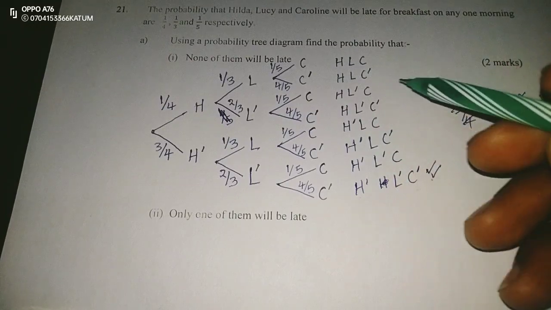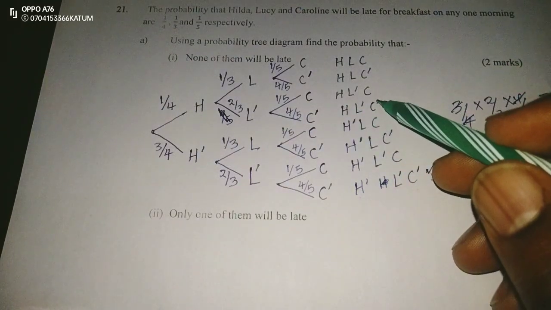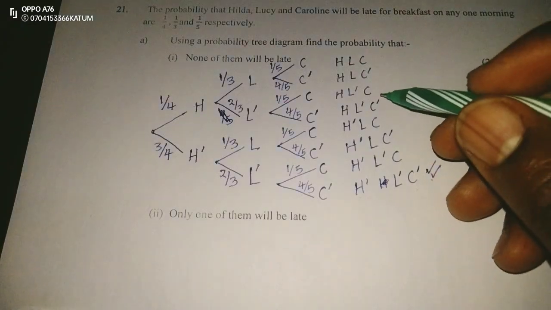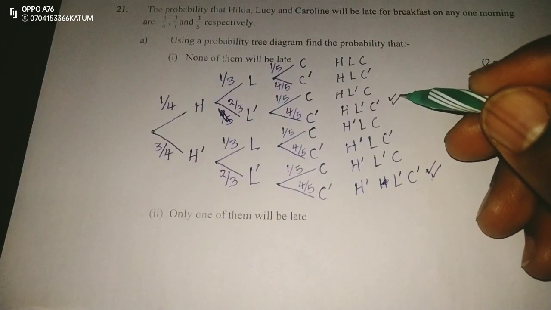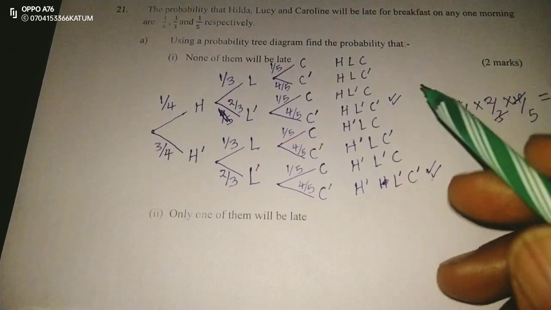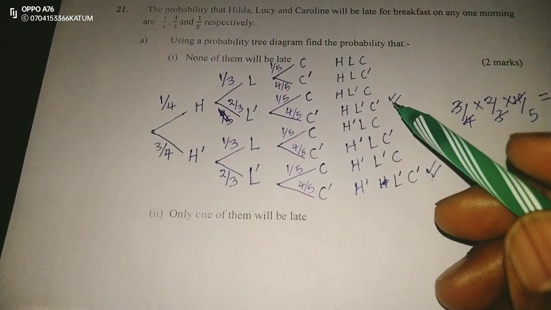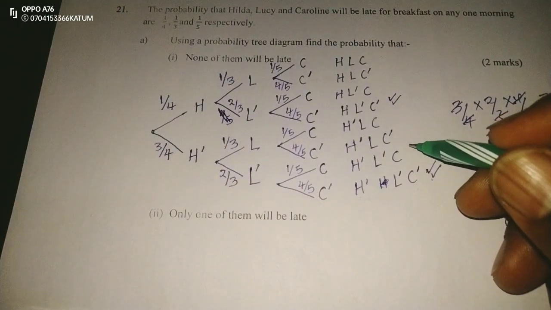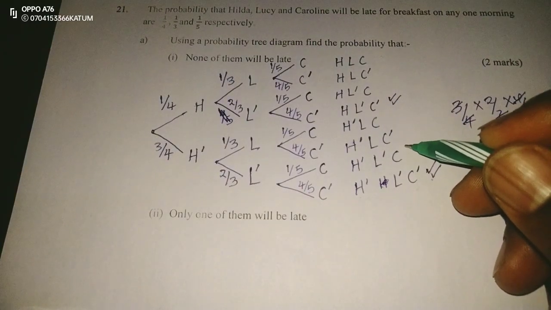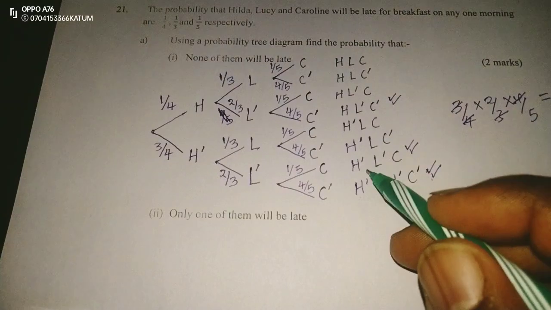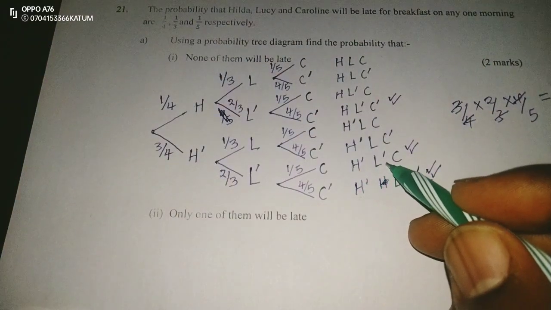Or another case, only one is late. It means the probability this guy is late, the others are not. Or this case, whereby Carol is late and the others are not.